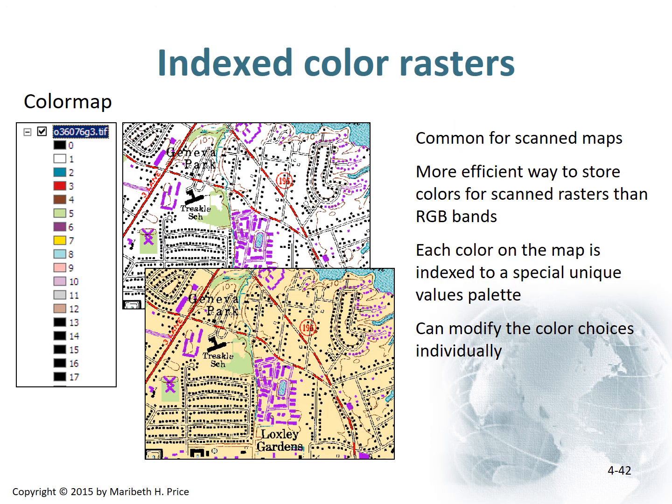Indexed color rasters are more or less useless. And so what they are is think of it as a scanned image of a traditionally made vector-based map. But where in the traditional vector-based map you had information about the roads and the points and the polygons, in the scanned raster image the only thing you have is the colors that were on the map.